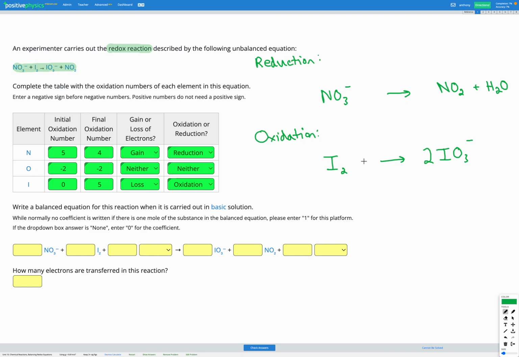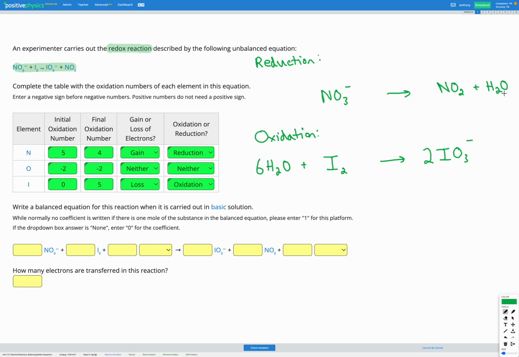In the oxidation reaction, I have 0 oxygens on the left and I've got 3 times 2, 6 on the right. So I'm going to need to add 6 H2O on the left. So now I've got 6 oxygens on the left and 6 on the right. Okay, great. So now we've balanced our oxygens by adding H2O.